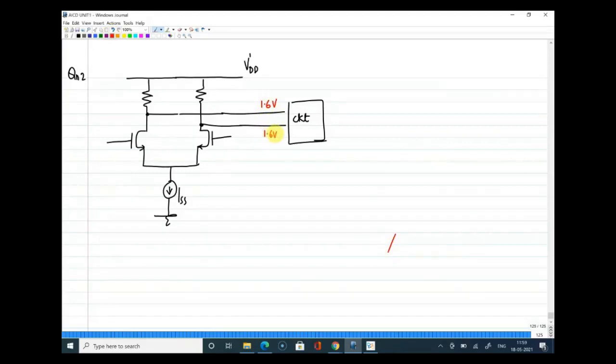So the next stage needing an input common mode level of 1.6 volt means the output common mode level of this stage should be 1.6. That is what is given here. The output DC level of this current stage should be equal to 1.6. Yeah. So with these clues, can you try and let me know the answer for the resistance R first, and then later W by L?